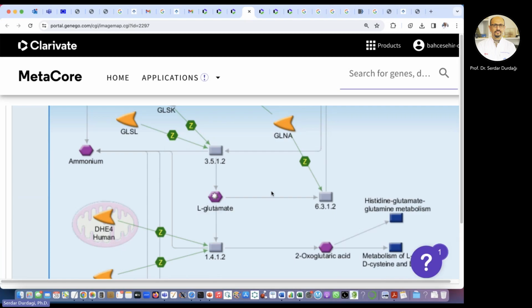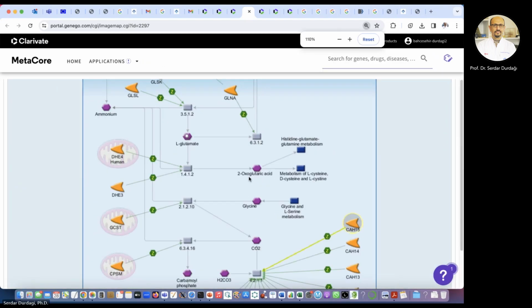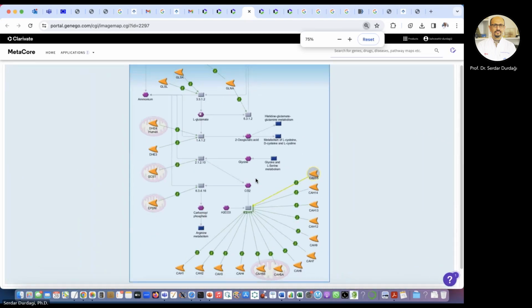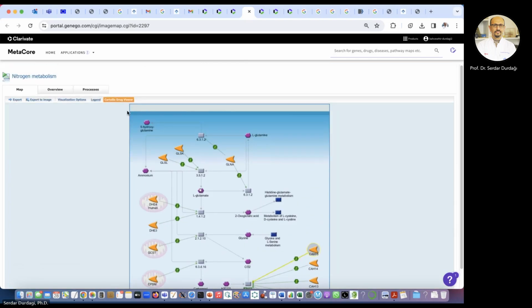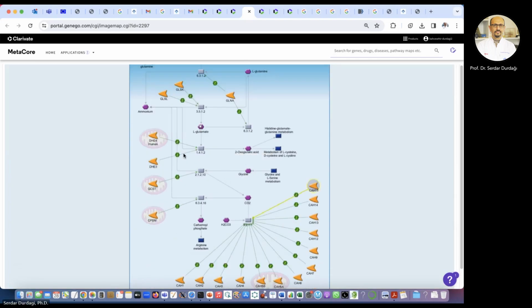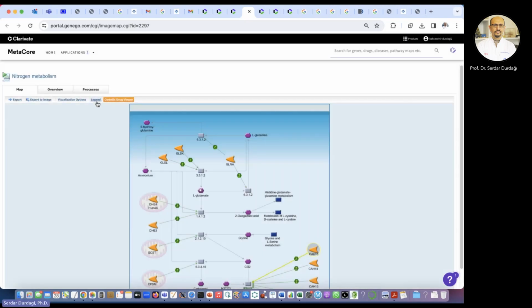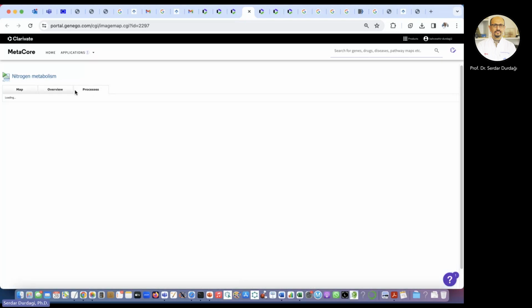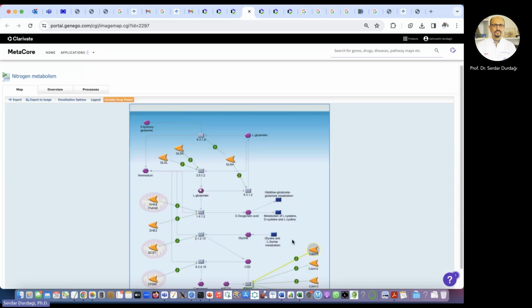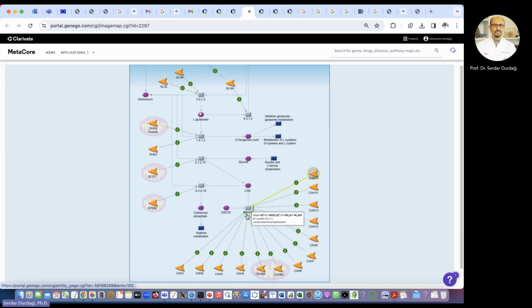There's also a visualization option, and you can export the image. From this you can understand which protein targets are connecting to each other, and they are getting information from different targets.